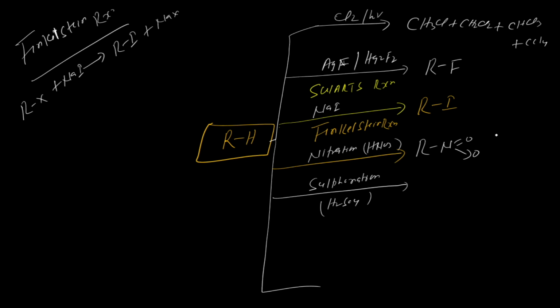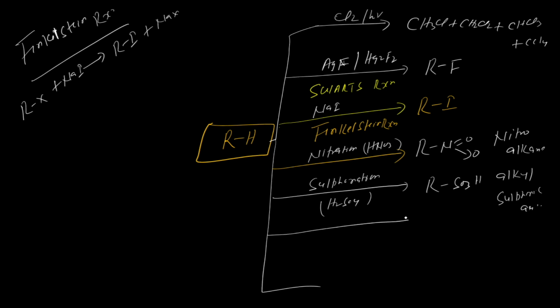So it will give you nitroalkane, and this is alkyl sulfonic acid, with the SO3H group.